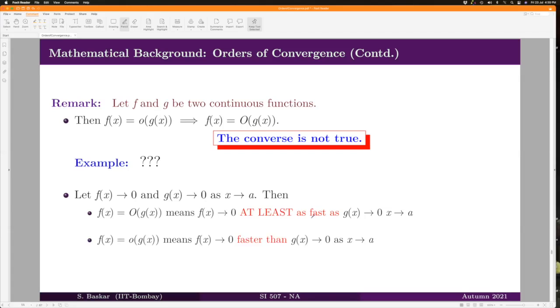Similarly, small o means f of x is tending to 0 strictly faster than g of x as x tends to a. Therefore, small o is demanding something stronger than big O. That is why small o always implies big O.